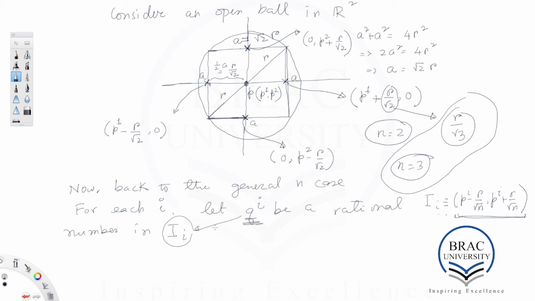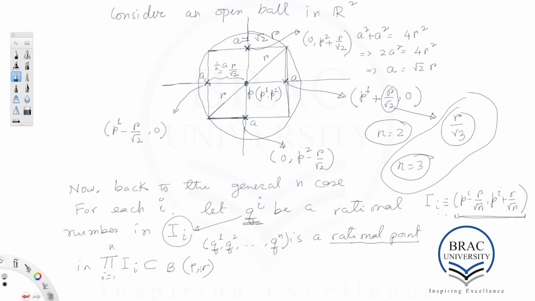Okay, so that q1, q2, all the way up to qn is a rational point. You know what we mean by rational point, we already discussed. Okay, it's a rational point in the product of these intervals, in other words the n-cube, which by our description is contained in BPR.